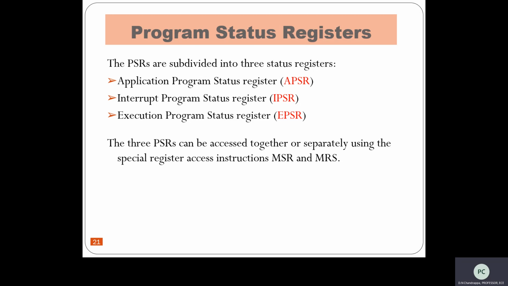First, I will take program status registers. In this program status registers, again subdivided into three status registers. What are those status registers? The first one is called the application program status register, APSR. Second one is called the interrupt program status register, IPSR. It is used to find the status of the interrupts, what interrupts are executed and what their roles are.